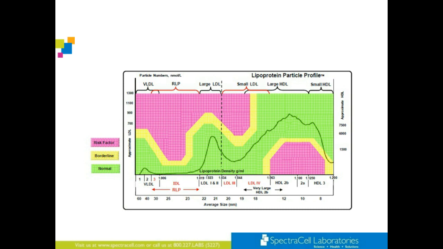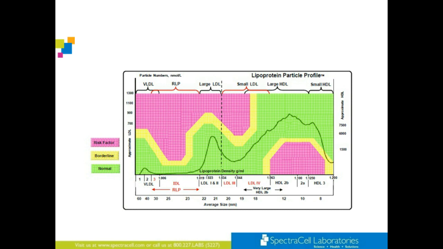One important point that I always emphasize to new clinicians using this report is if you look to the right of that dotted line, you'll see how the pink or the red goes much further down on the right side of that dotted line than on the left side. And the reason for that is because we want to catch the LDL3 and the LDL4 earlier than the LDL1 and the LDL2, because the LDL3 and the LDL4 are more atherogenic than the LDL1 and 2, and that's why it's lowered here compared to over here.